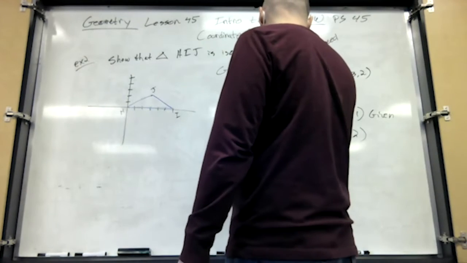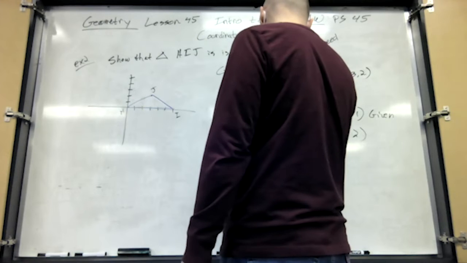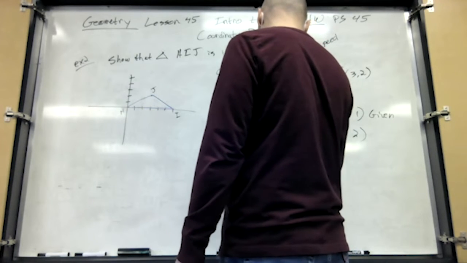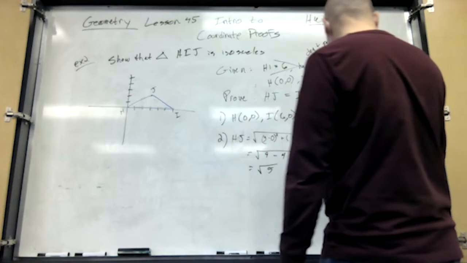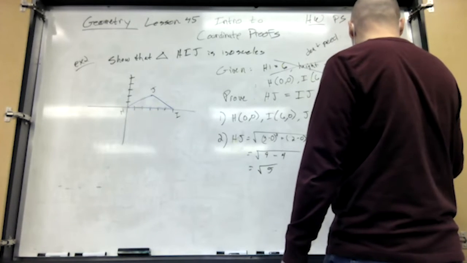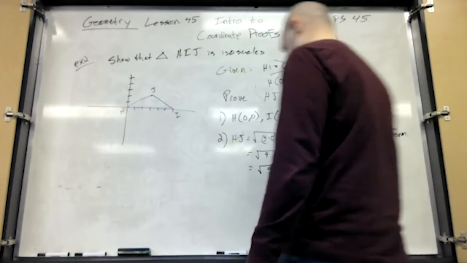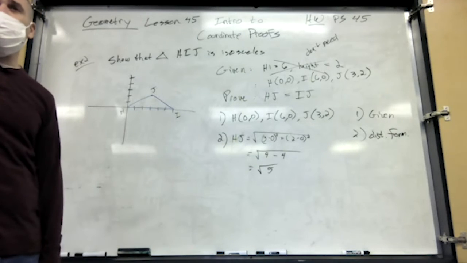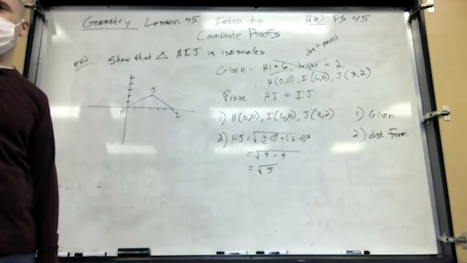So this is the square root of 9 plus 4, which is 13. Why? Because of the distance formula.